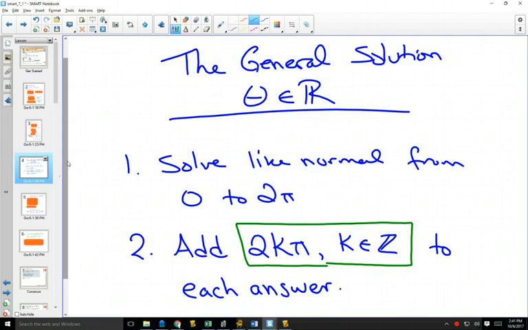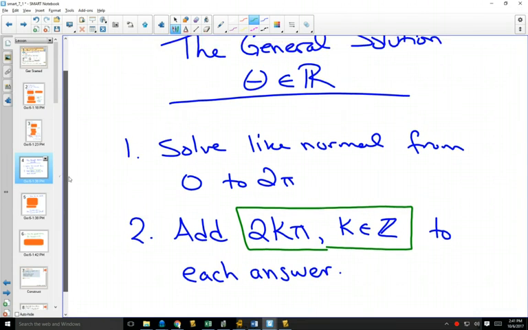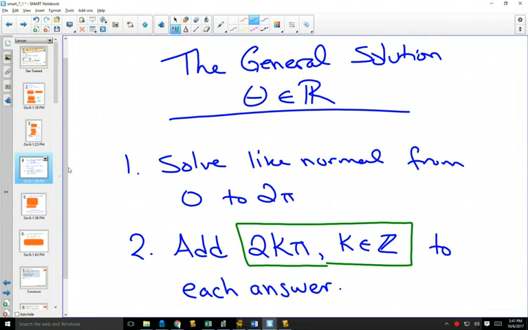Then to each answer that we have, we're going to add 2k pi. And that adding 2k pi, where k is an element of the integers, that's basically saying every coterminal angle with the angle that you started with.